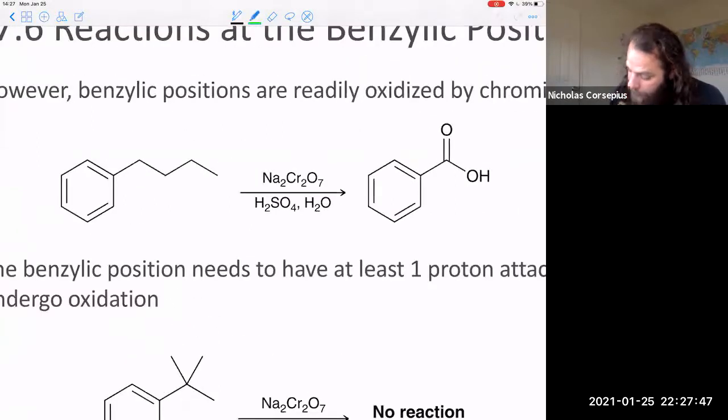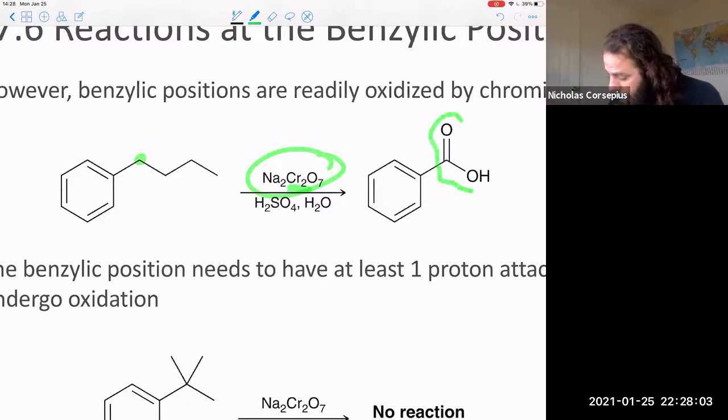Notice that I have this oxidizing agent here. Anytime you see chromium, think oxidizing. Chromium's a big oxidizer. So what it does is it oxidizes this benzylic position all the way. It's a strong oxidizer, meaning it goes all the way to a carboxylic acid group.